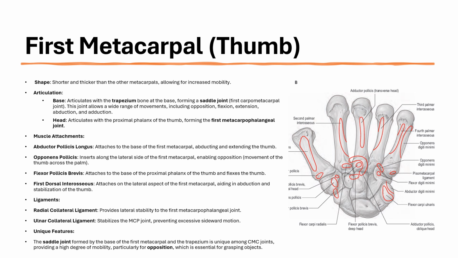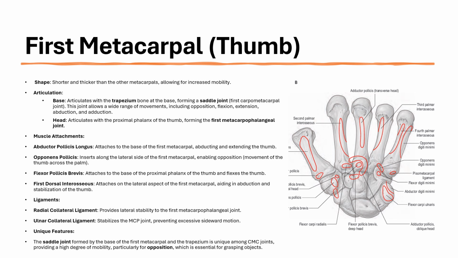The base articulates with the trapezium bone, forming a saddle joint. The first carpometacarpal joint is a saddle type joint. This joint allows a wide range of movement including opposition, flexion, extension, abduction and adduction. The head articulates with the proximal phalanx of the thumb, forming the first metacarpophalangeal joint.